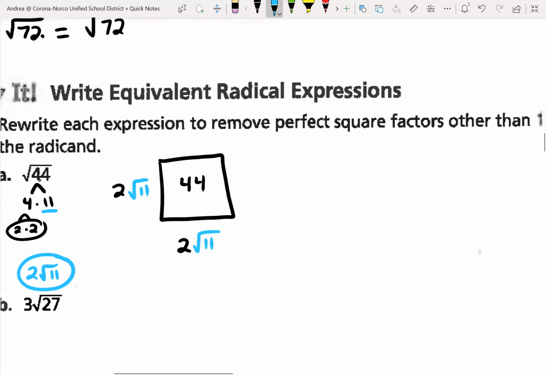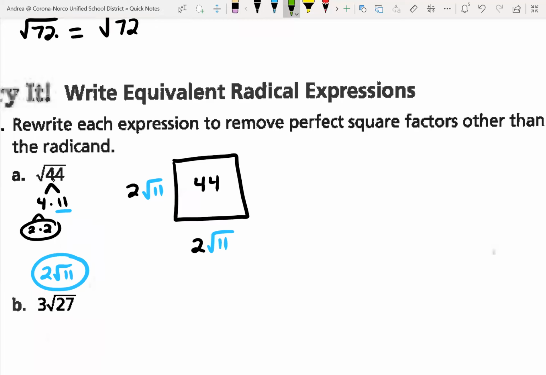Okay, we're going to do another example over here. Okay, put square root of 24. Again, I'm looking for perfect squares.